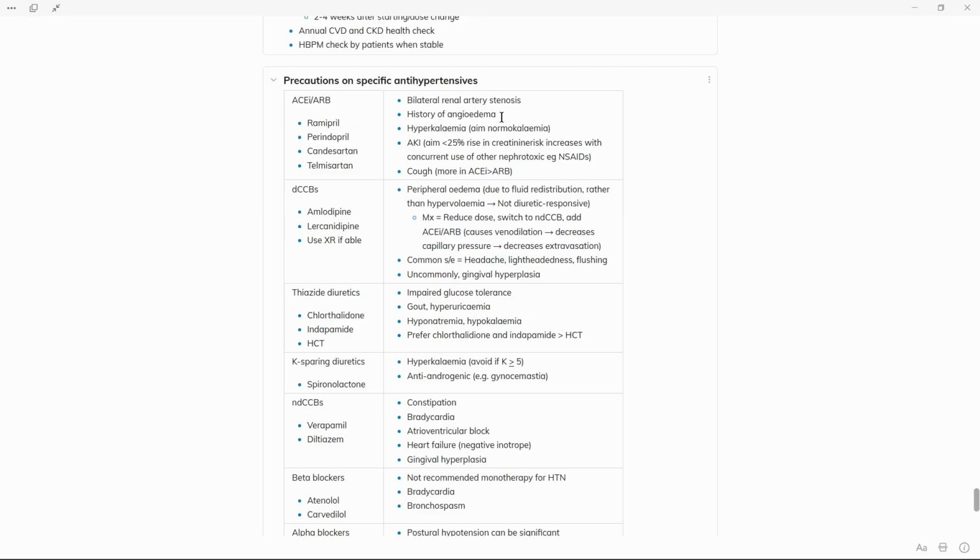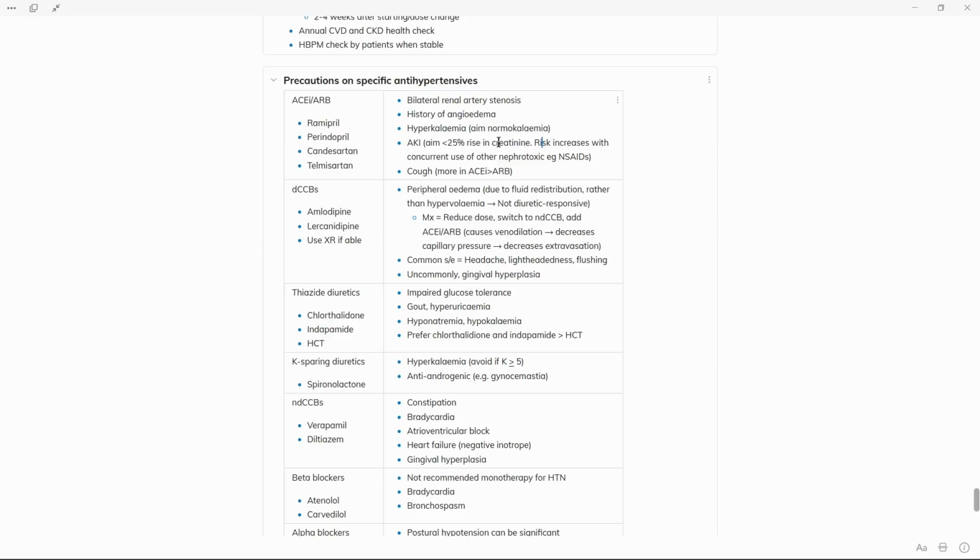They can also have a risk of developing AKI, where we expect there to be a rise in creatinine after starting an ACE inhibitor or an ARB, which is to be expected, but we don't want it to be too high. So we aim for a less than 25% increase in creatinine. There is expected to be a small rise in creatinine when we start the patient on an ACE inhibitor or an ARB, but we don't expect that rise to be greater than 25%.